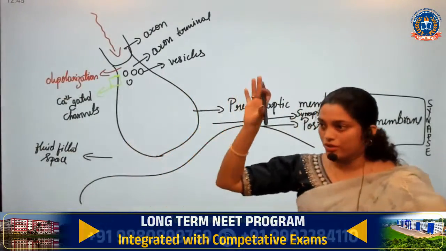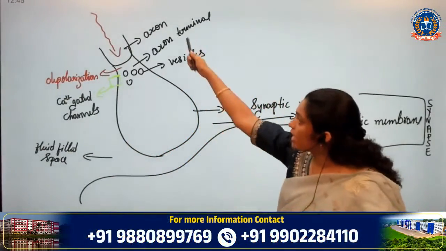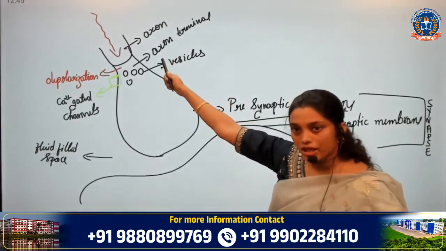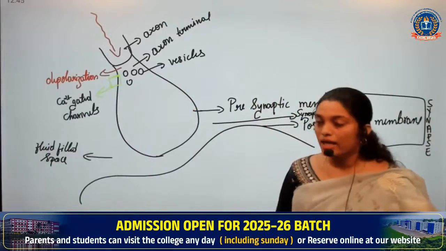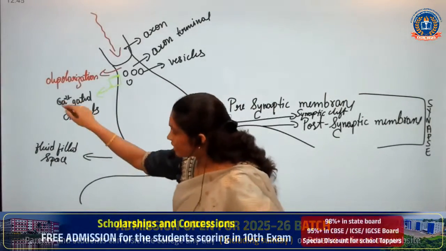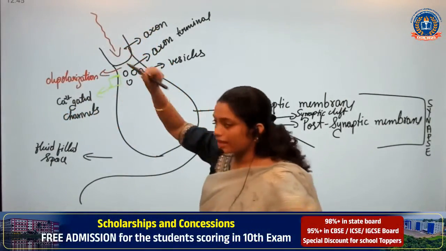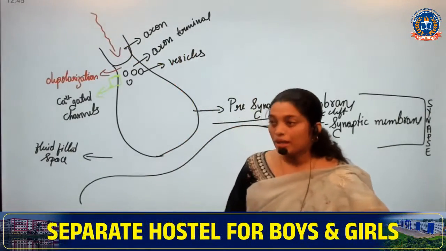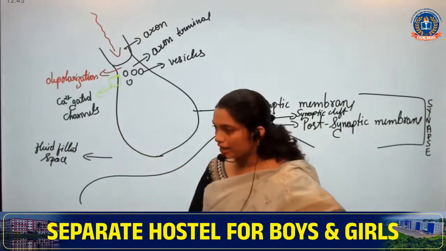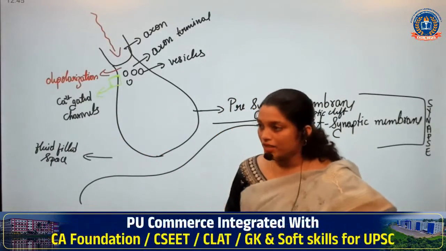An electrical impulse came through the axon, finally it reached the axon terminal region, and in the axon terminal region there were vesicles. Okay, and now what happened here? As soon as the electrical impulse reached there, it caused the depolarization of the axon terminal region, because of which there was a channel called the calcium gated channel.